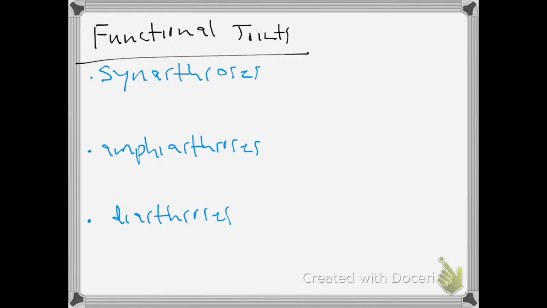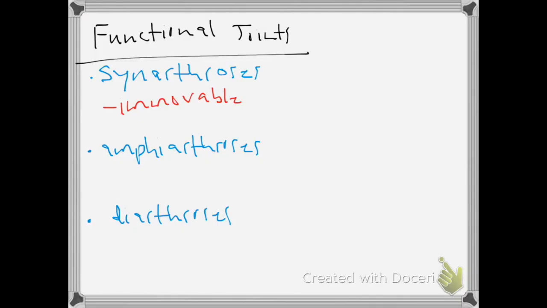So a synarthrosis is considered an immovable joint. The closer the two bones are, when they get almost touching, like the sutures, these connections.